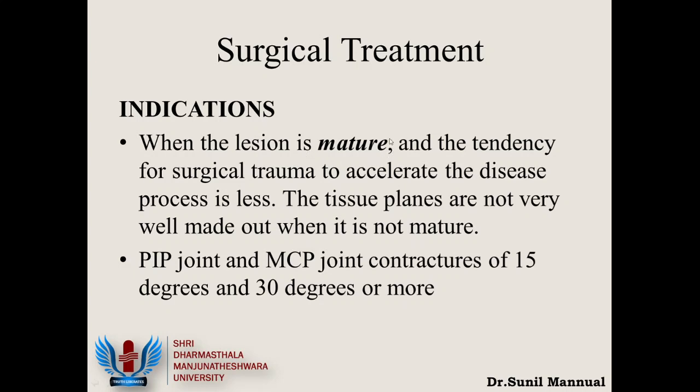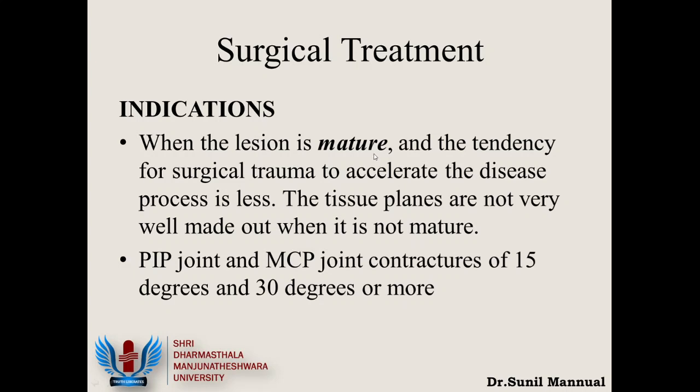This word mature I've highlighted because it's a very vague terminology. There is nothing structural in the lesion that tells that it is mature. But having known the history of the patient, that the patient has had these nodes and cords for many years, and the fact that they are now causing contracture of the finger, it probably suggests that the lesion is mature.